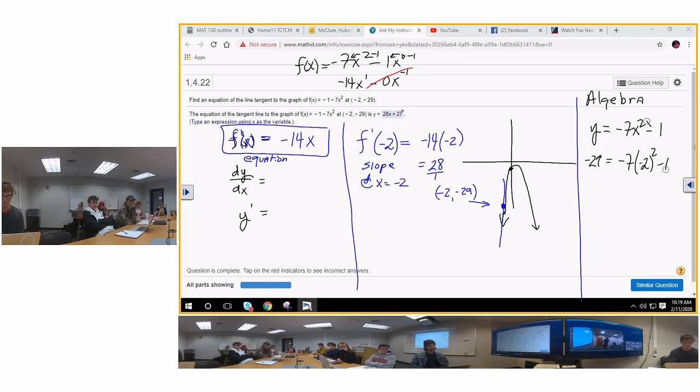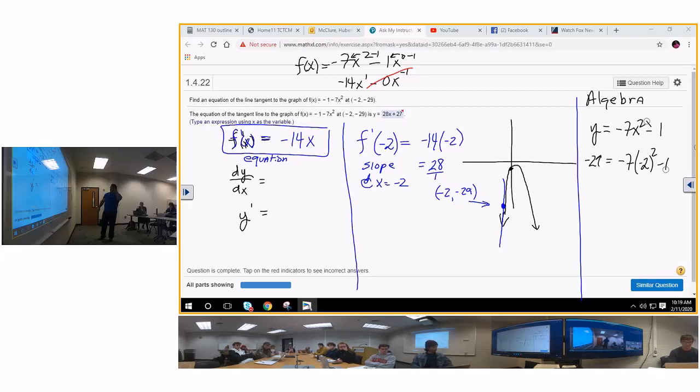And then plug back in after you find out what everything is. Which again, I don't understand why they're doing that because 4 times 7 is negative 28 right there.